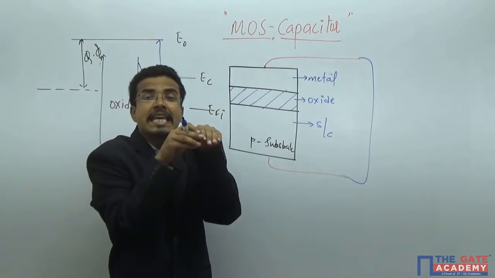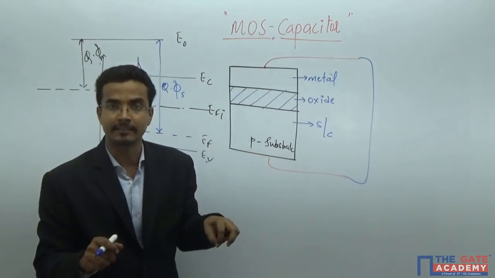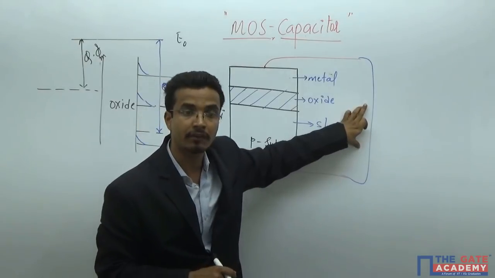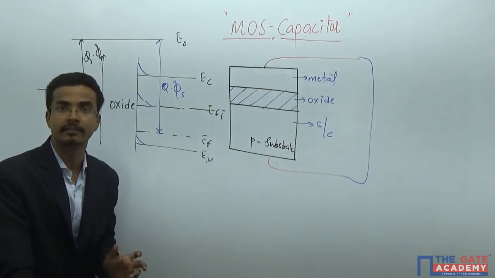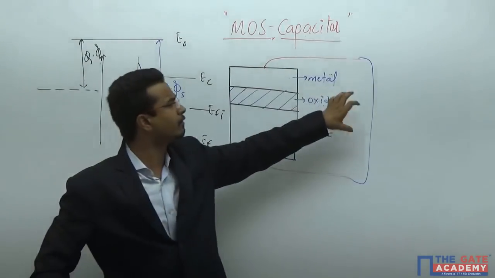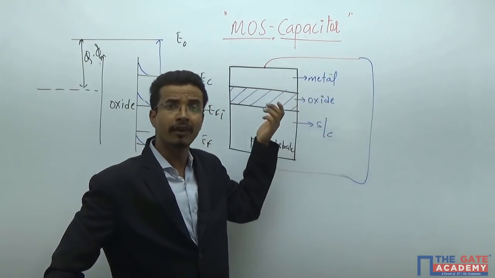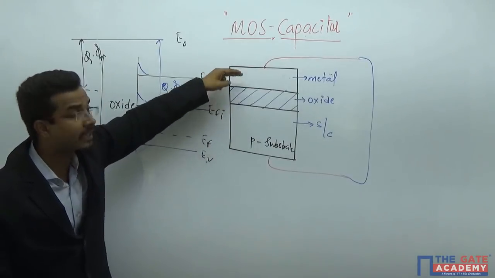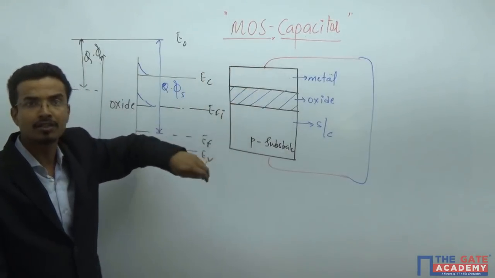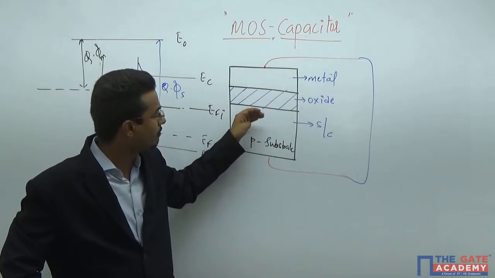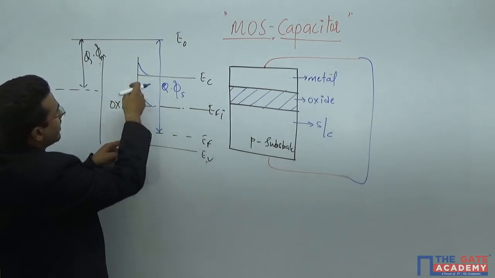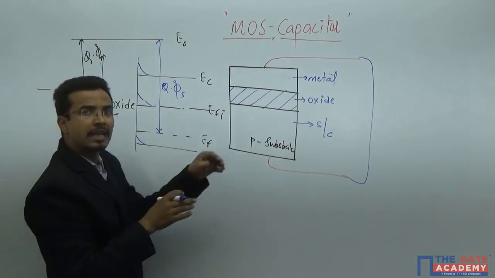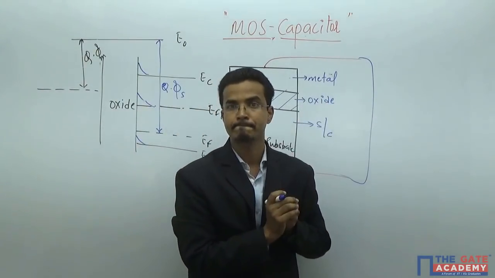That means equilibrium will be maintained for any voltage you apply, and that is the beauty of the MOS capacitor. For any applied voltage, the MOS capacitor will always be at equilibrium, because you never get any charge carrier from this side to this side. That is why you get this bending in the energy band diagram without the application of any voltage.